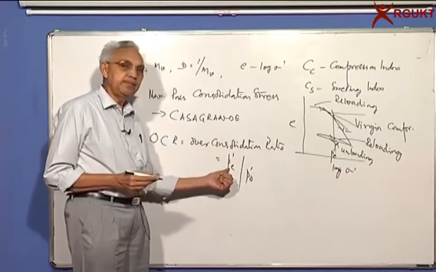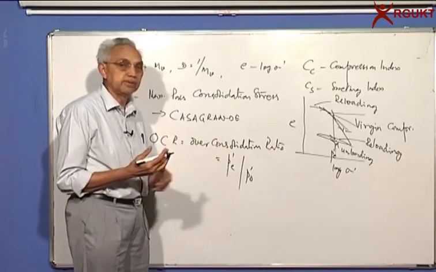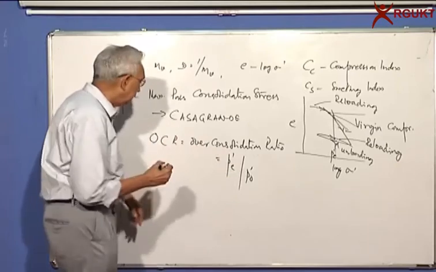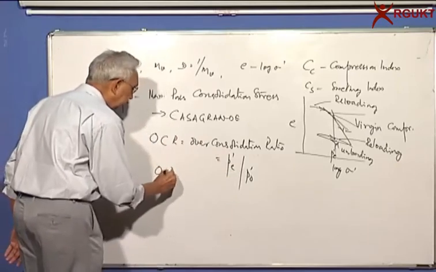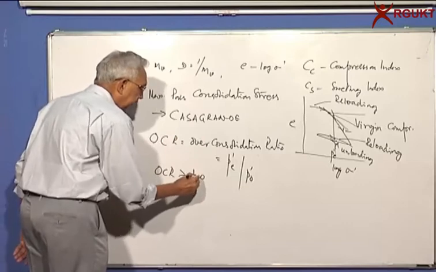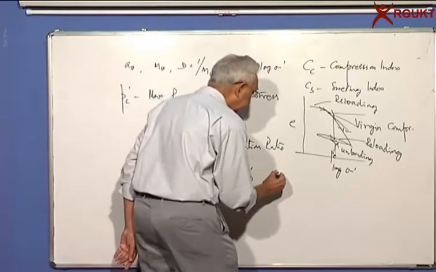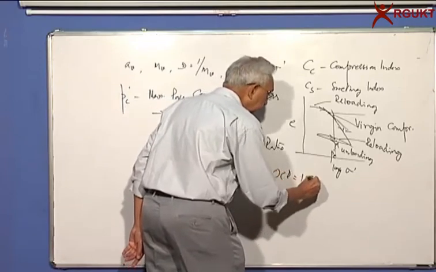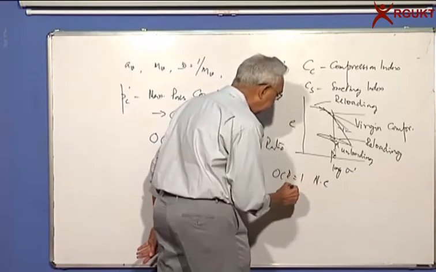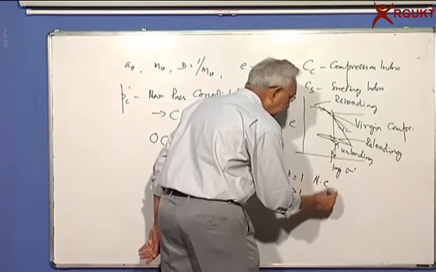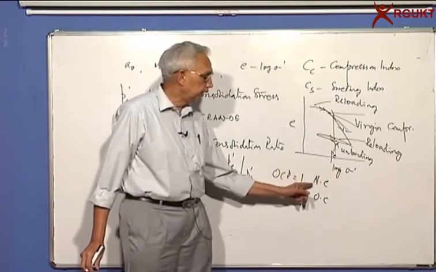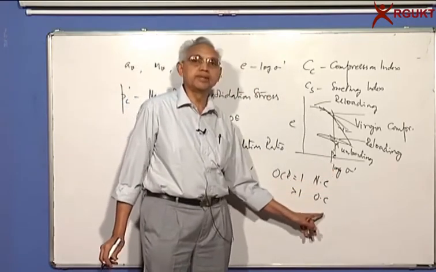This P dash c is what we have determined from the consolidation test. And OCR generally can be greater than or equal to 1. If it is 1, we call it normally consolidated soil, usually we say NC. Greater than 1, it is OC, over consolidated soil.